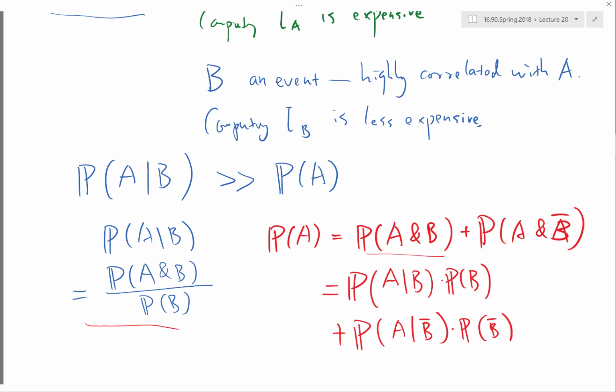These are not a problem because they don't involve my very expensive simulation. Now my simulation only determines the two conditional probabilities.